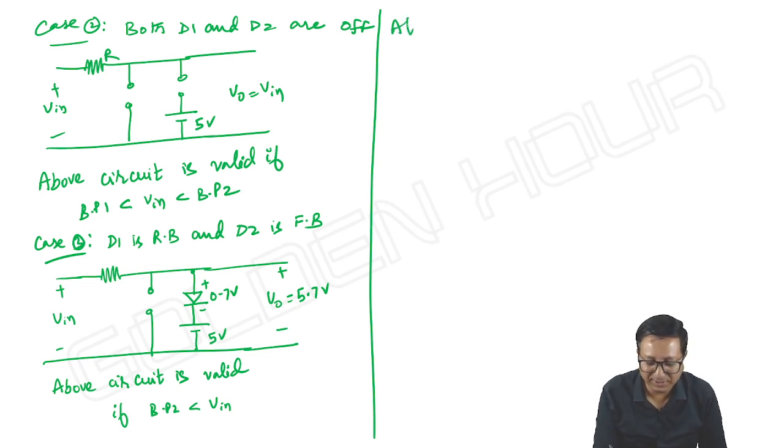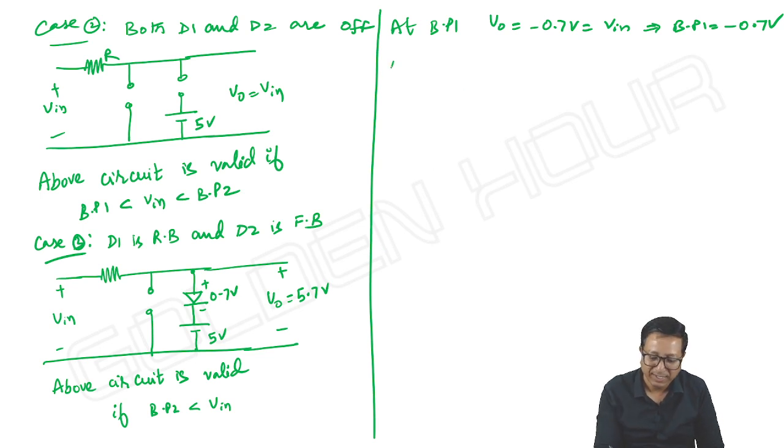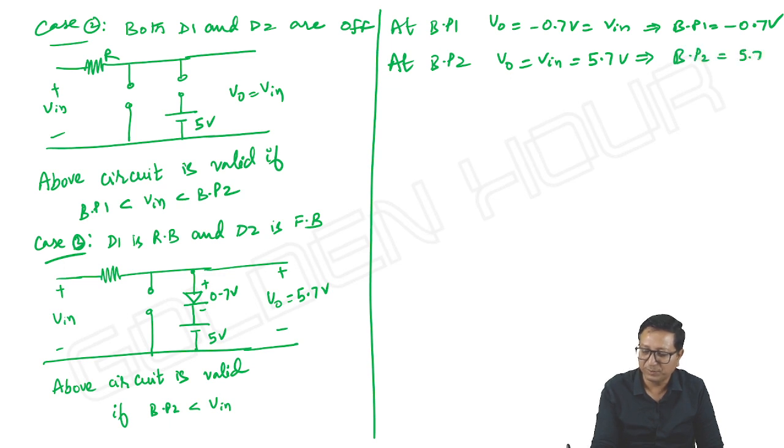So now let us take the breakpoints. At breakpoint 1, output is equal to minus 0.7 volts, also equal to input, which implies breakpoint 1 is equal to minus 0.7 volts. At breakpoint 2, output is equal to input, and it is also equal to 5.7 volts, which implies breakpoint 2 is equal to 5.7 volts.